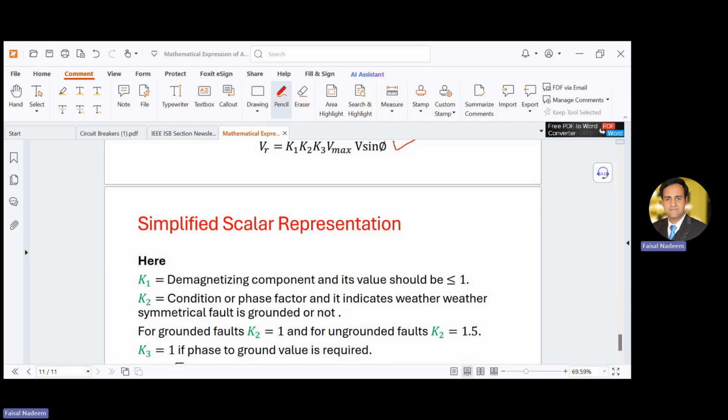I hope it is clear where K1, the demagnetizing component, is considered and in which type of problem. K2 is a phase factor and indicates whether the symmetrical fault is grounded or not.